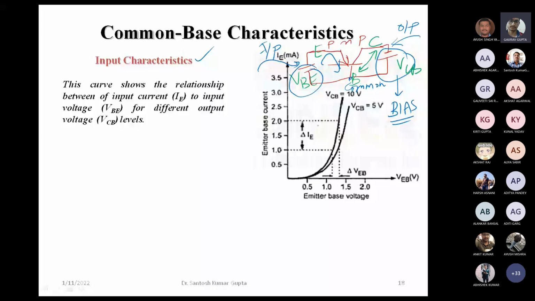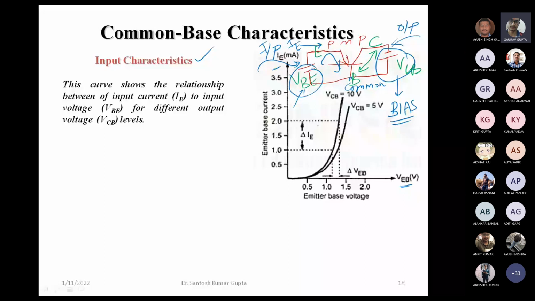Okay, so sometimes VBE or sometimes VEB, both may be called here. Only the polarity of this voltage may be looked into. Then the input side current is entering into the emitter, so the corresponding current is IE. So the input characteristic is drawn between IE and VEB.